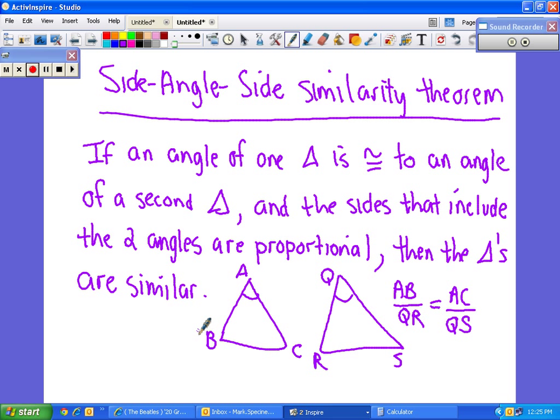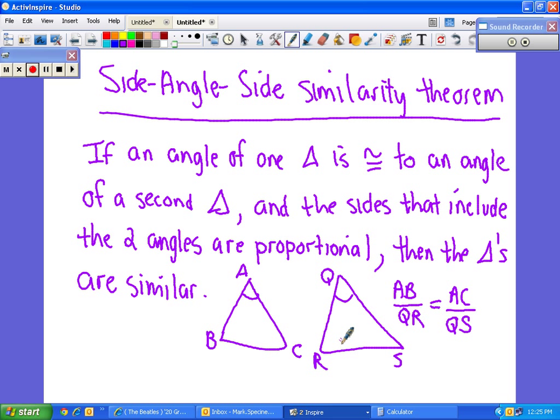So these two sides make up angle A, and then QR and QS make up angle Q. If AB is in ratio with the corresponding side on the second triangle, and on the other side on the first triangle, so here AC is in ratio with QS, then we can say that the two triangles are similar.